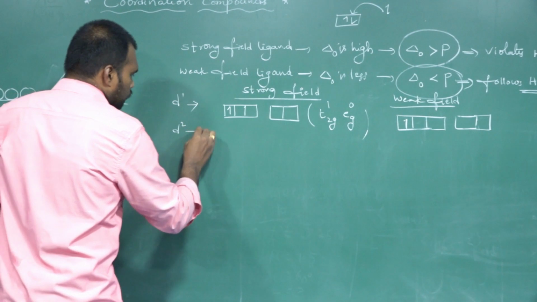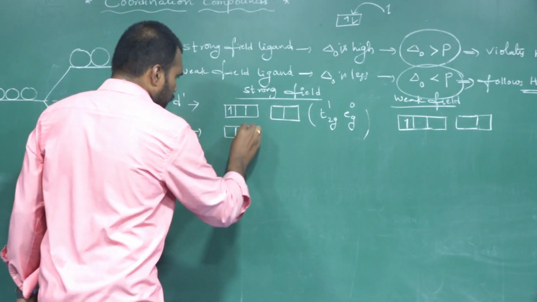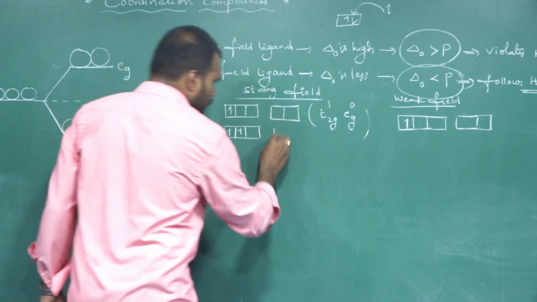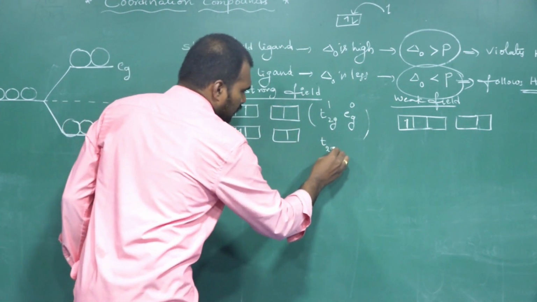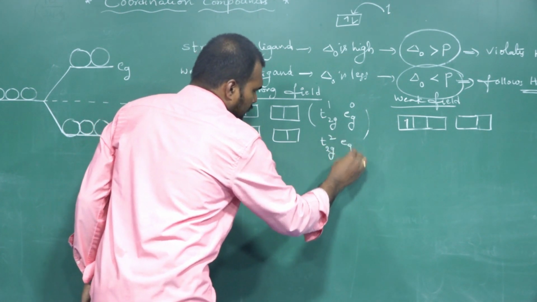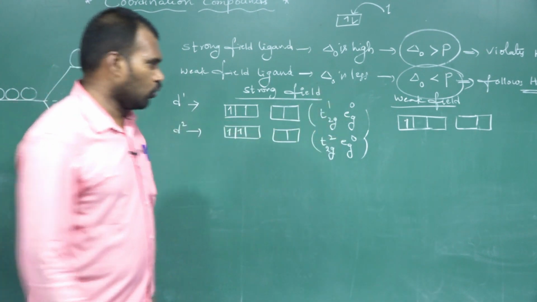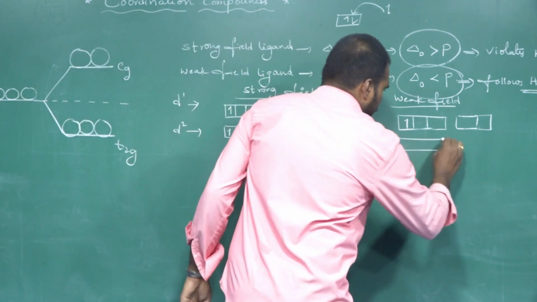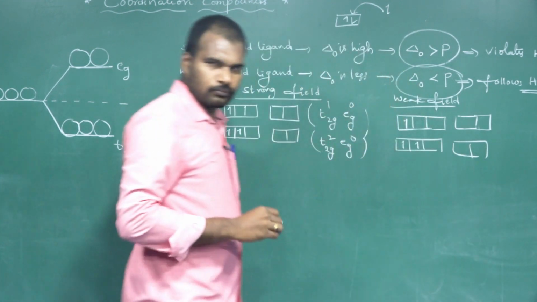Next, coming to d2. d2 means two electrons. 1, 2. So what is the configuration? t2g2, eg0. And here also the same.